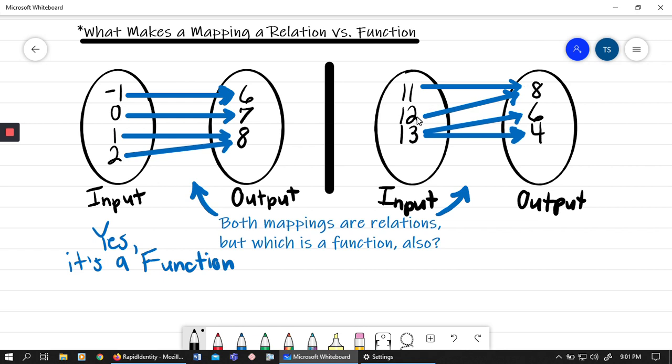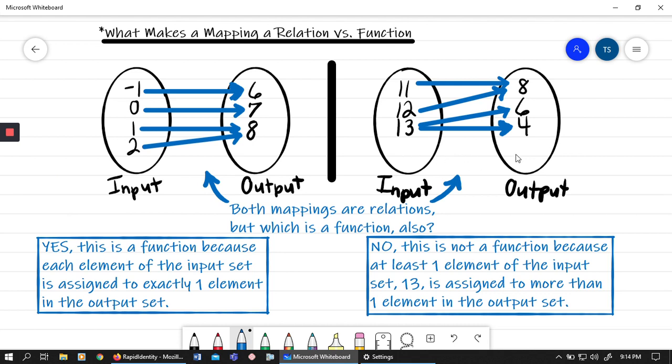When we look at the 12, it is assigned to exactly one element in the output. When we look at this 13, what happened? Oh snap, it's assigned to 2 elements. The 13 has 2 elements in the output. Something sure enough ain't right there.